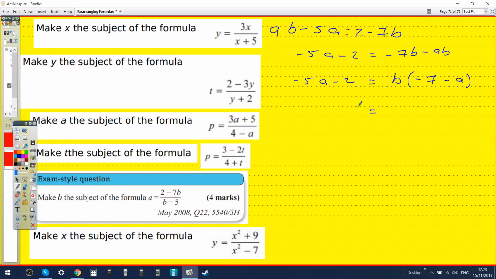So divided by minus 7 minus a on both sides, so minus 5a minus 2 over minus 7 minus a equals b. If everything is negative, it can also just be everything is positive. That's fine. We could have made everything positive up here, but you did fine without it.